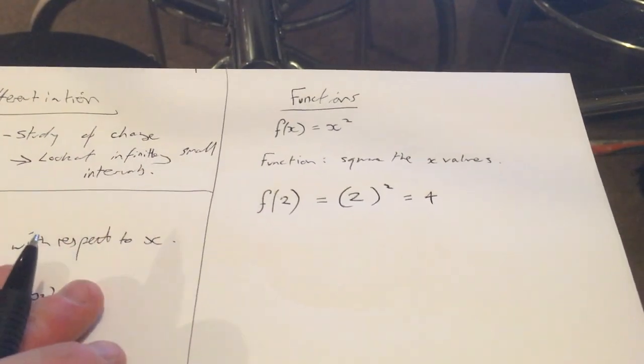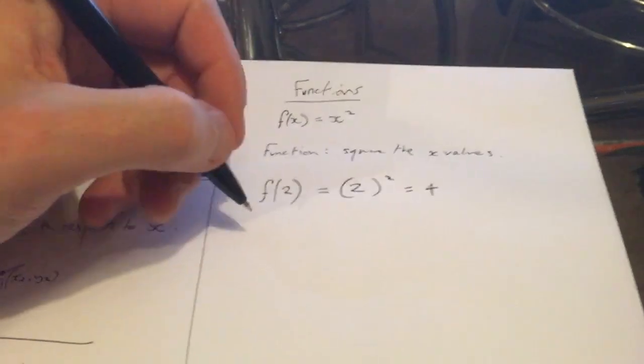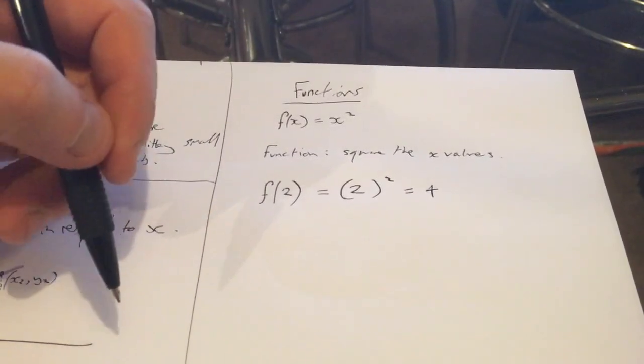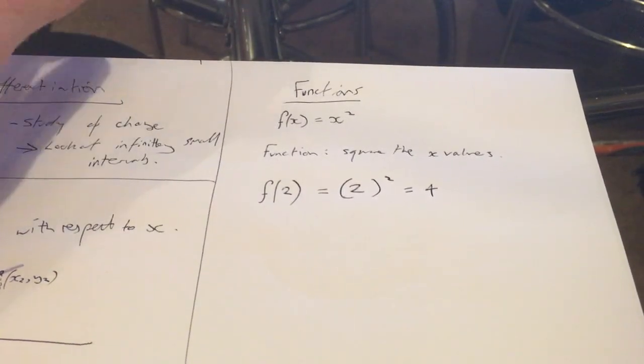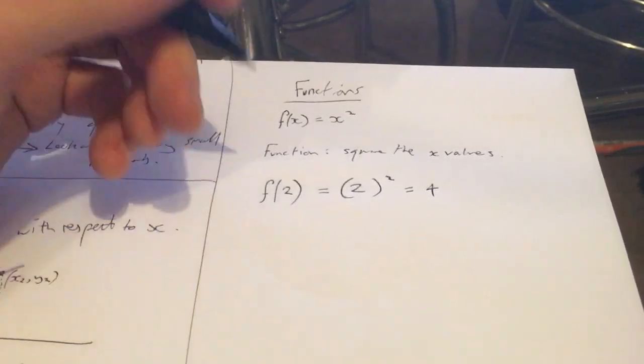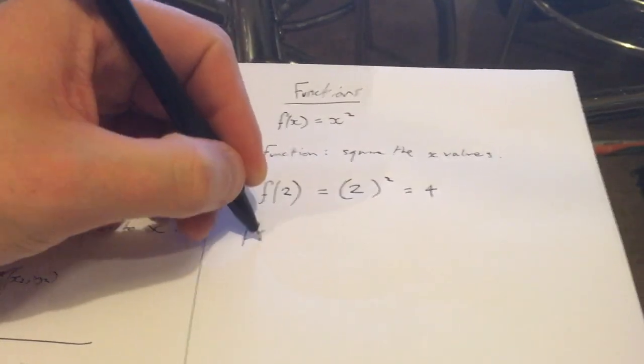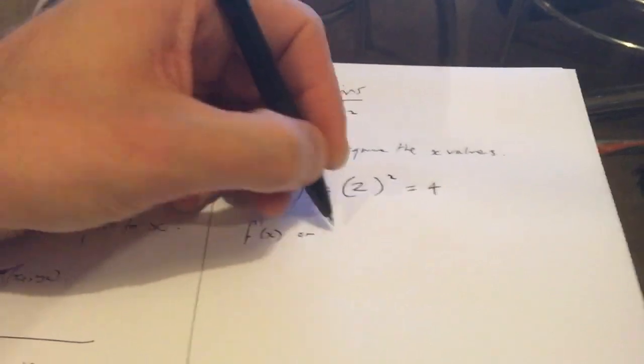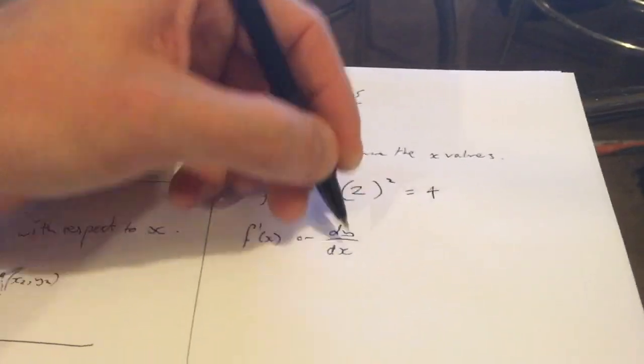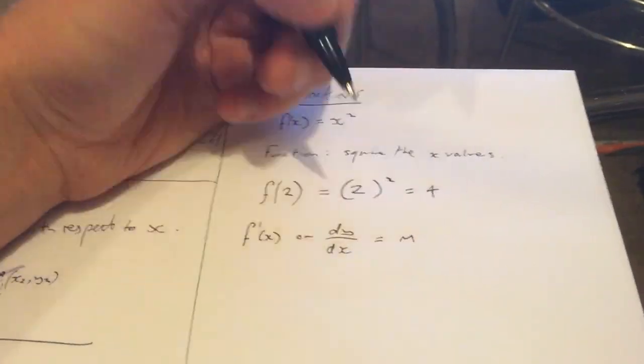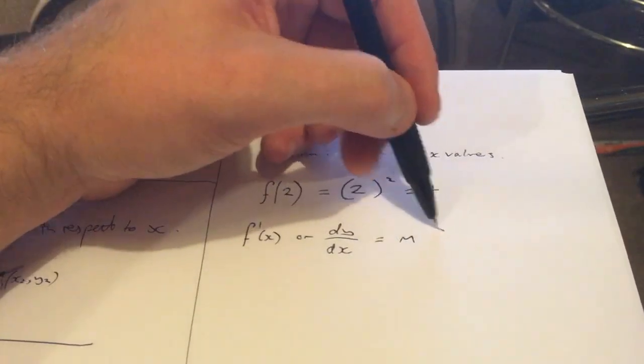What we're going to use for gradients then, there's going to be two different things. One that's in terms of y, but we're going to kind of do away with calling gradients m. Gradients now, we're going to get functions for gradients, which we're going to call f dash of x or dy dx, which is basically the same as the gradient. This is going to be a new notation.